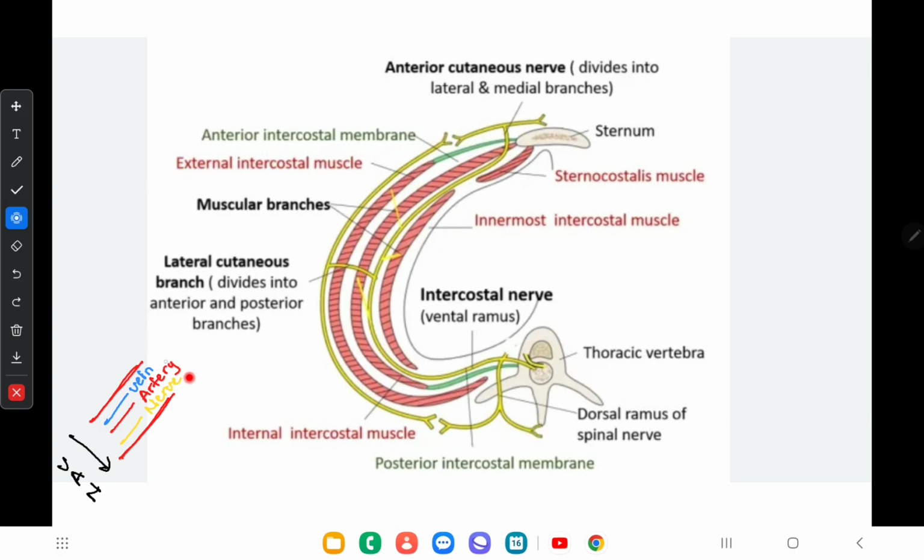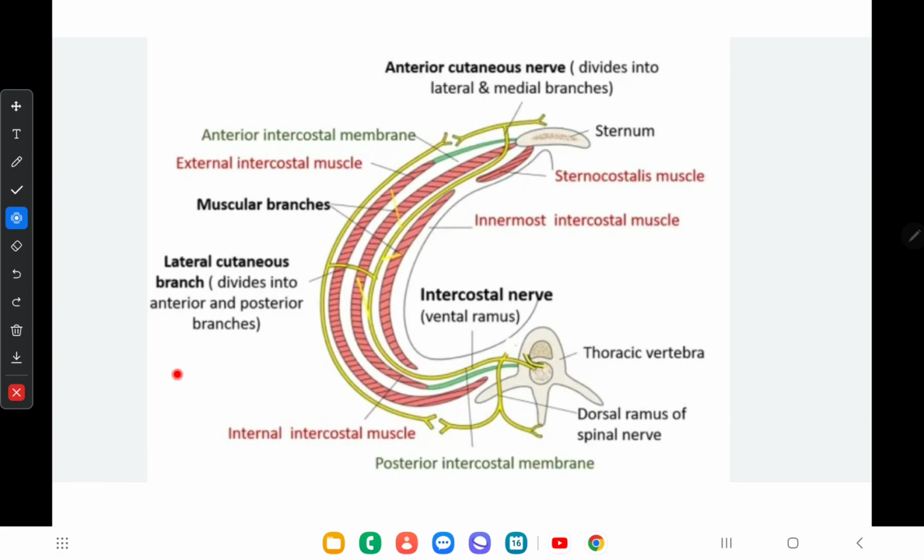From above downwards, you have the intercostal vein, then the intercostal artery, then the intercostal nerve. This is the arrangement of the neurovascular bundle in a costal groove. We call this VAN. There is a mnemonic called VAN. That means above you have the intercostal vein, then the intercostal artery, and then the intercostal nerve below.